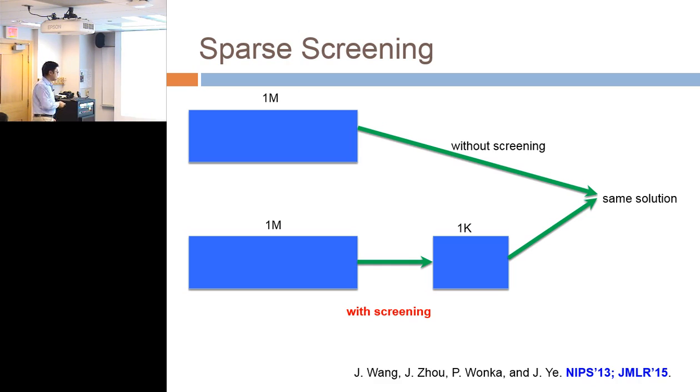Then we can throw all of those features away and get a reduced data set. Finally, we apply your favorite solver to solve the model on this reduced data set. And one of the most appealing features is that we finally arrive at the same solution.